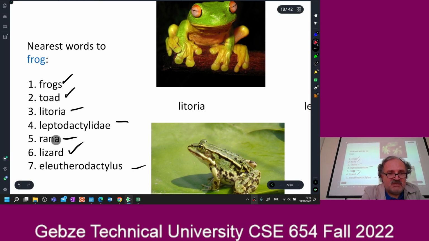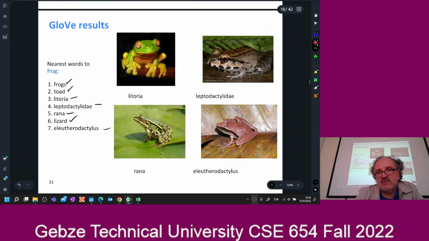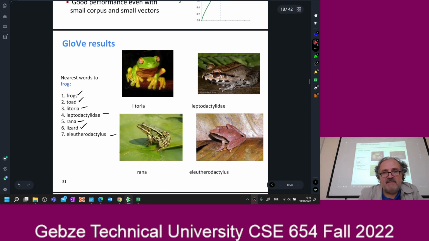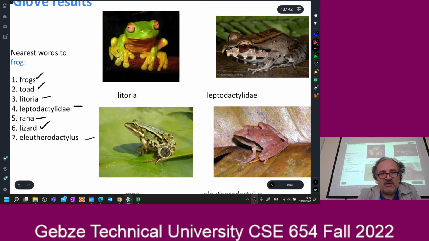It can say that these are the 9 most similar words to frog. I think they are species names. Well, sure, they are not synonyms, but yes. Anybody knows what? I like this one, but I don't know its name. This is the common frog. I don't know what it is.